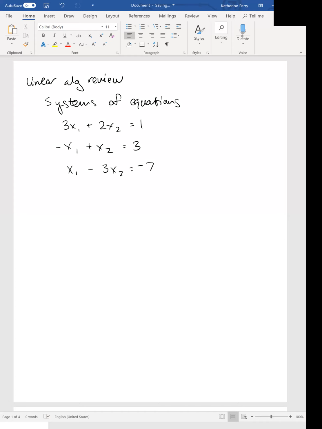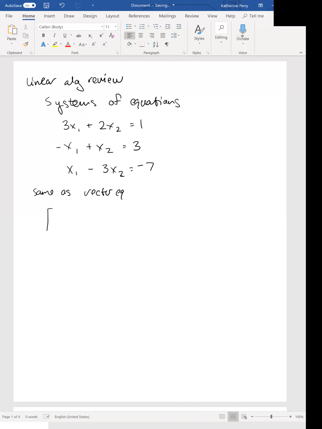We started day one talking about how to solve things like this, but we've also seen that this is the same as the vector equation that looks like this.